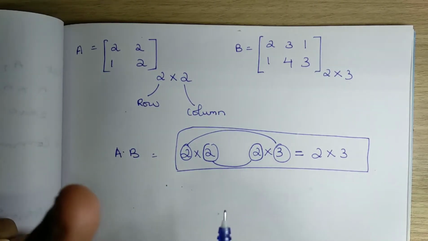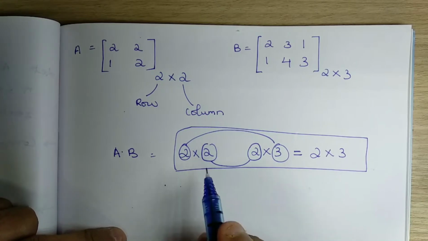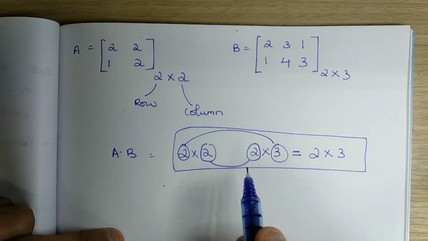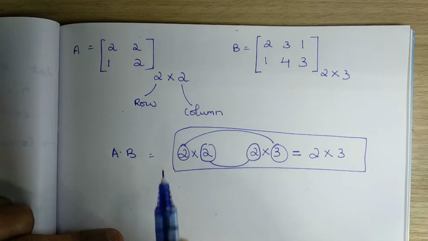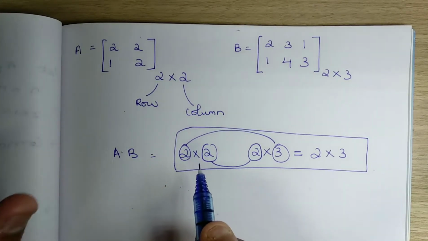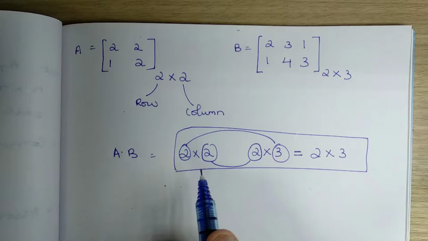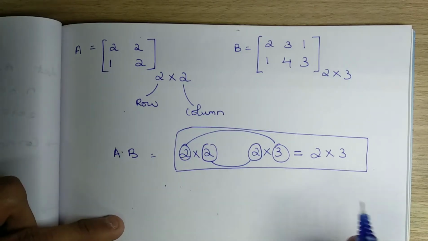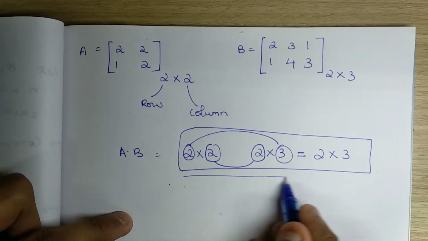So the column of the first matrix should be equal to the row of the second matrix, and the resulting matrix will be of the order the row of the first matrix into the column of the second matrix, just as demonstrated over here.